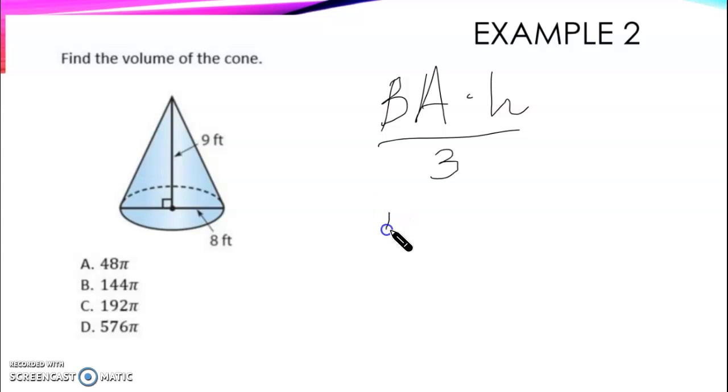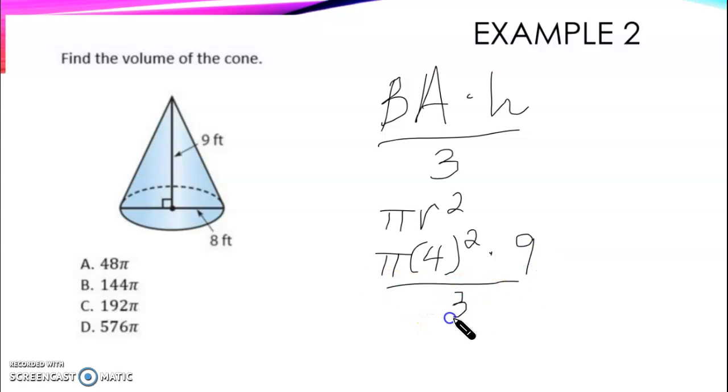The circular area formula is pi r squared, and it looks like this is labeling the diameter to be 8, so our radius is going to be half of that, which is 4. We're going to plug in 4 for the radius, multiply that by the height, which is 9, and divide it all by 3.